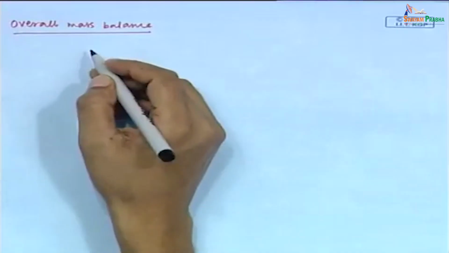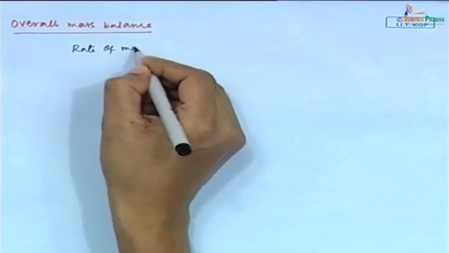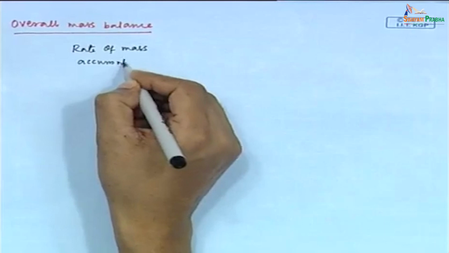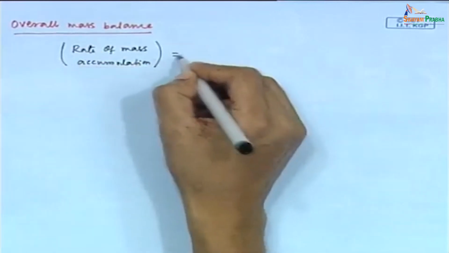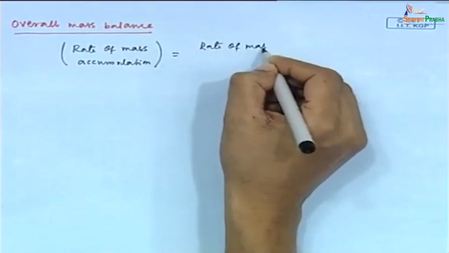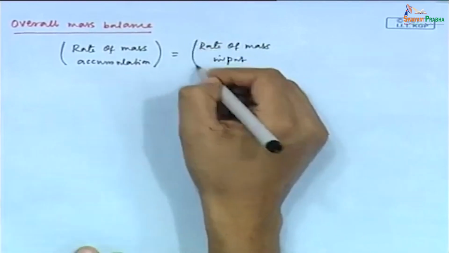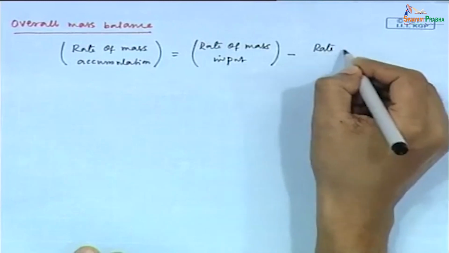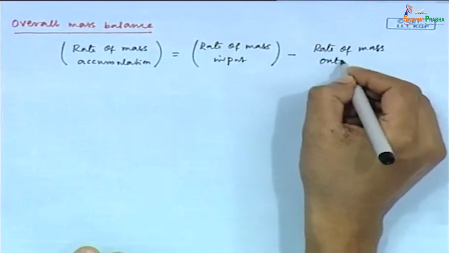Conservation of mass is: rate of mass accumulation equals rate of mass input minus rate of mass output.